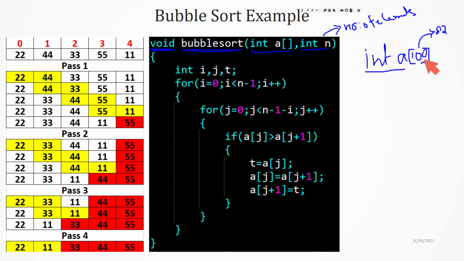That means some 90 cells are unused, we are only using 10 cells. So here this is size and here it is number of elements. Both are different. Both may be the same also, but in most cases they differ. Any doubt? No doubt, sir. It's clear. Then I have to put a semicolon.